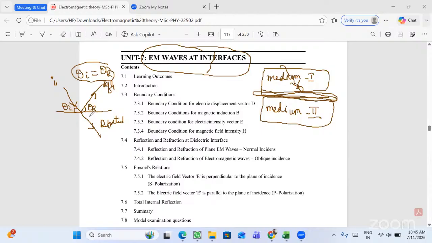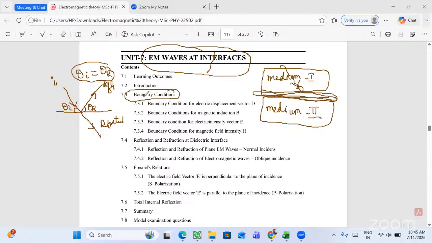So we will write the equation for the incident wave, the equation for the reflected wave, and the equation for the refracted wave, and we can see the general solution. First, we are going to study the boundary conditions whenever the electromagnetic wave meets the interface of two different media.